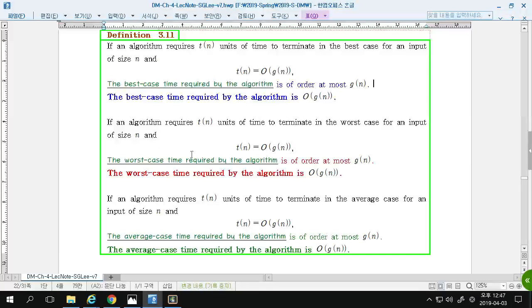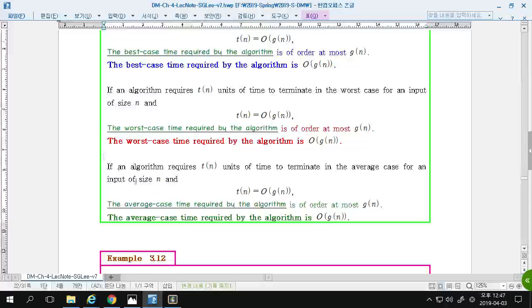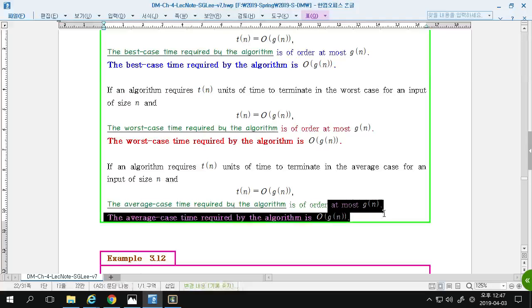And if t of n is big O of g of n, then the worst case time required by the algorithm is of order at most g of n. And if t of n is big O of g of n, then the average case time required by the algorithm is of order at most g of n.